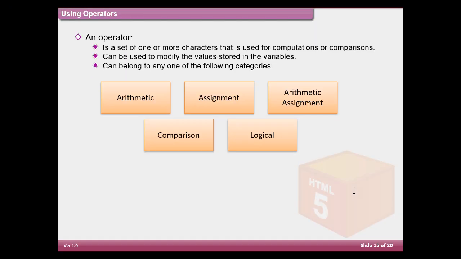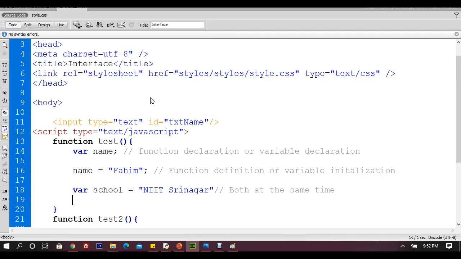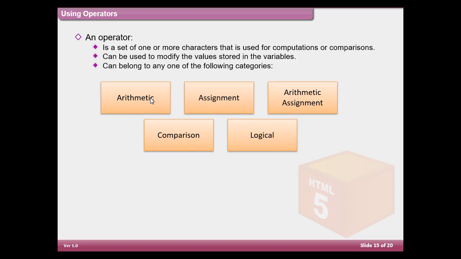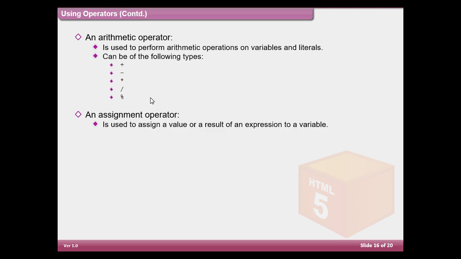The operators: we have arithmetic operators, assignment operators, comparison operators, logical operators, same like Java. We have arithmetic operators, plus minus. We have logical and operators. So those are known as operators. I've already shown divide.